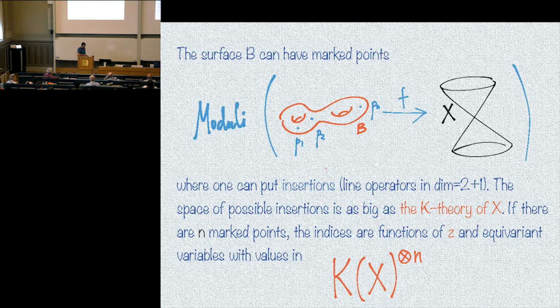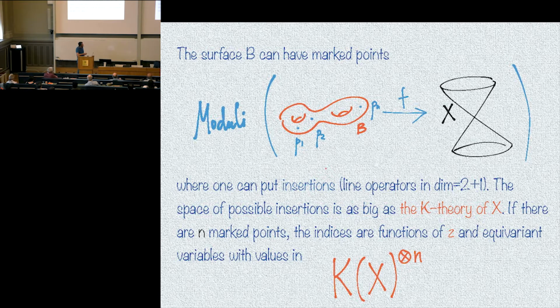And one can allow the surface to have marked points where you would put insertions that would be line operators in 2 + 1 dimensions. And then the space of these possible insertions is as big as the K-theory of X. And when you have n marked points, that means you can put n insertions.